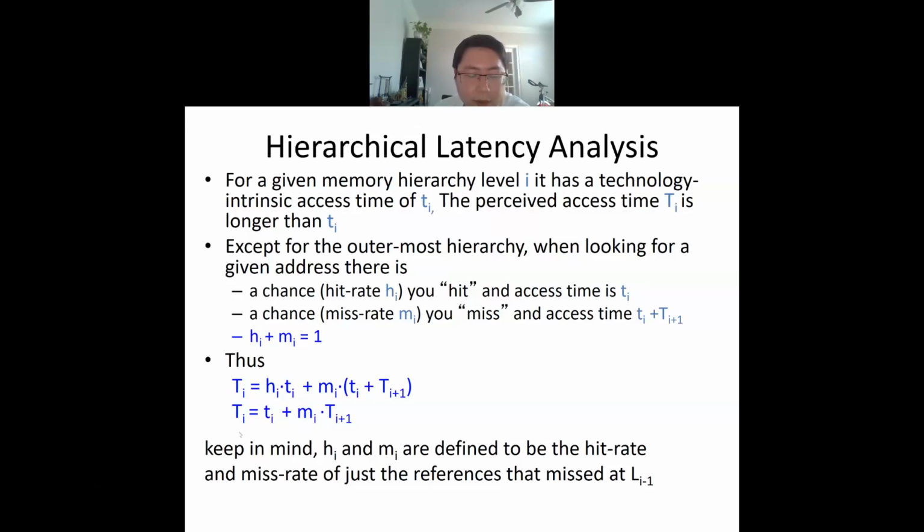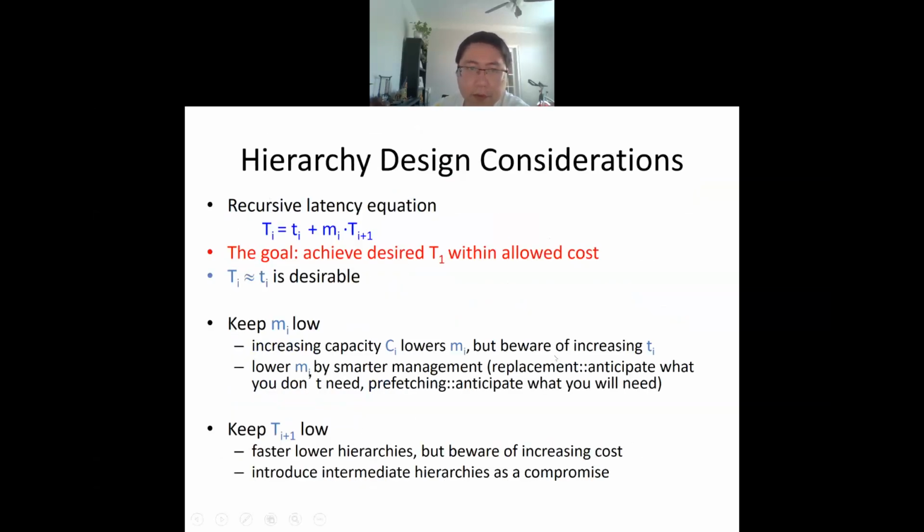This is a recursive equation, because the access time of the current level depends on the current level's intrinsic access time, the miss rate, and the access time of the next level. So this is a recursive latency equation as shown here.